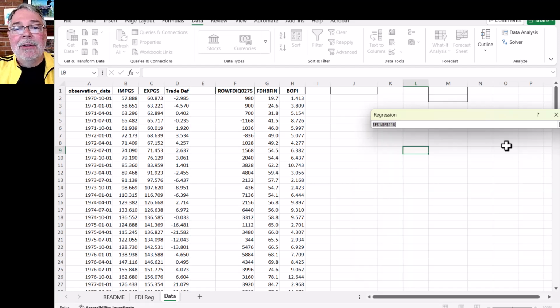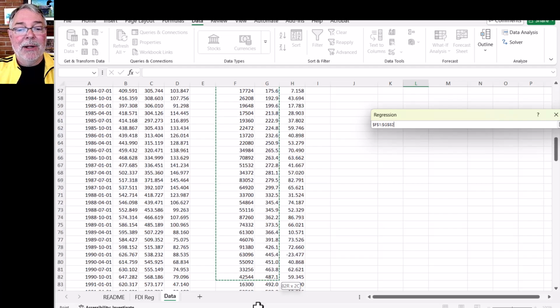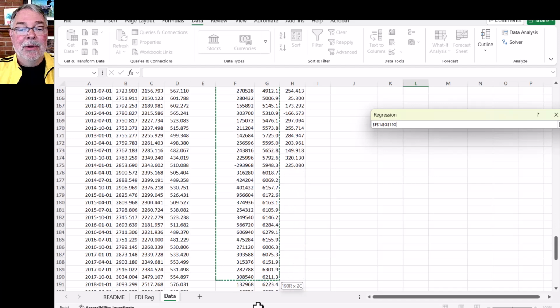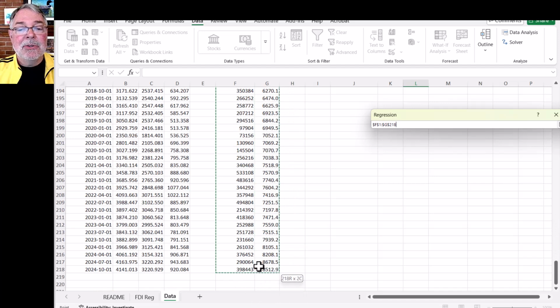I just have to highlight both of them. So now I want to see, hey, what's the effect of foreign direct investment and at the same time foreign debt, right?